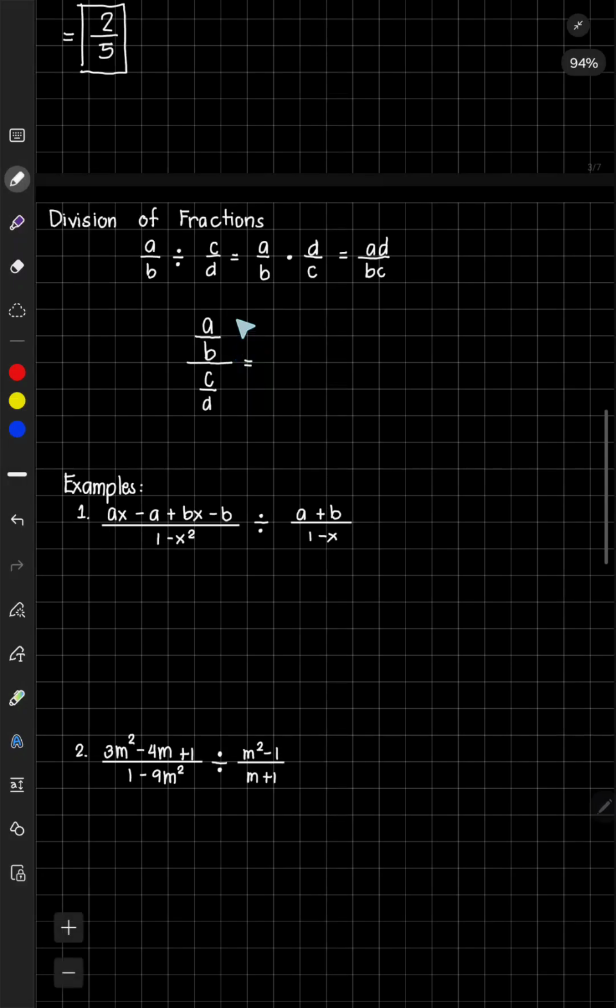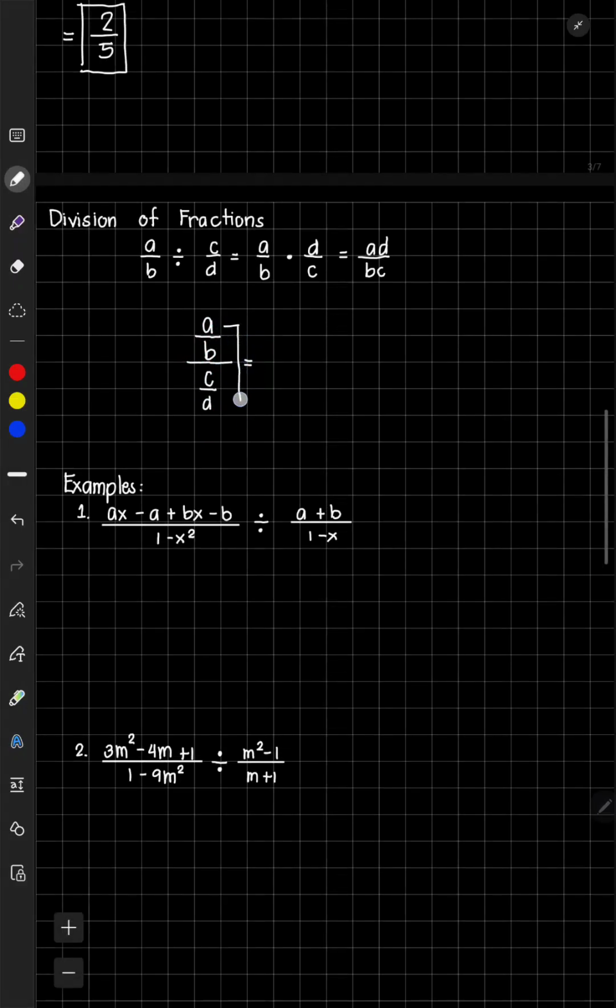So if the expression is written in this form, we can multiply the upper one and the lower one. So we have the outer, a times d, divided by the multiplication of the inner one, b times c, which is also the same with this one.